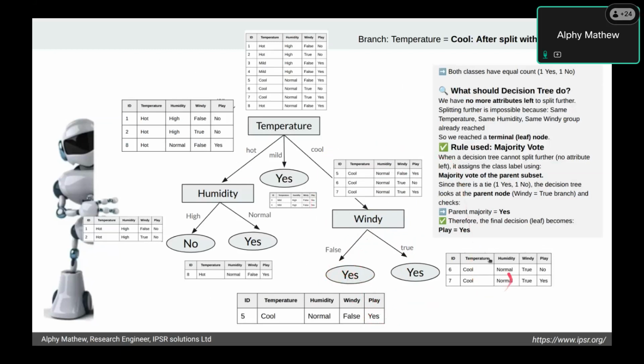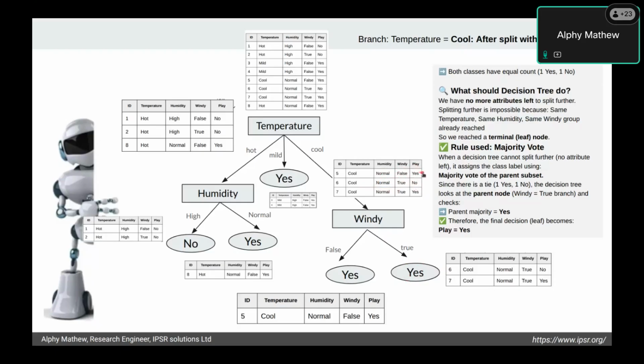But look here. In the windy equal to true branch, there is one yes and one no. There is a tie. Then how will the decision tree make the decision? That we need to understand. It's very simple. The decision tree will look into the parent subset. For this node, the parent data set is this one, right? It will look for the majority class in the parent set. What is the majority class in the parent subset?